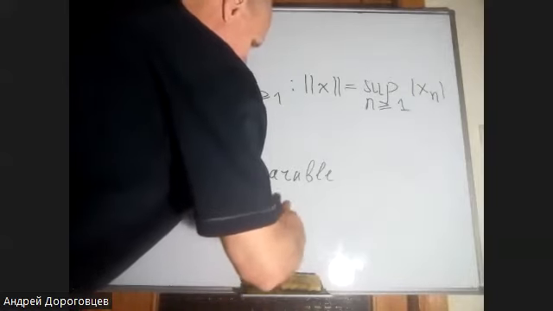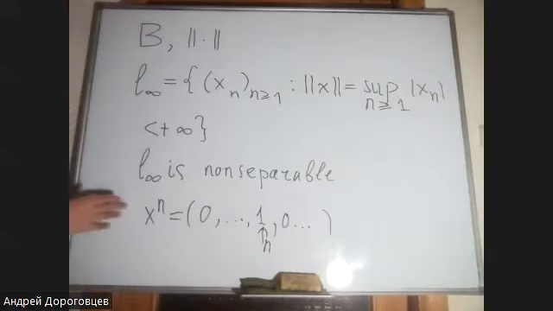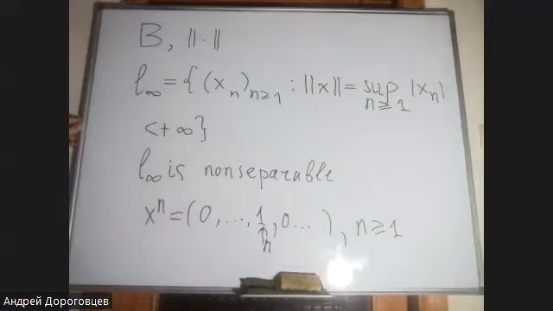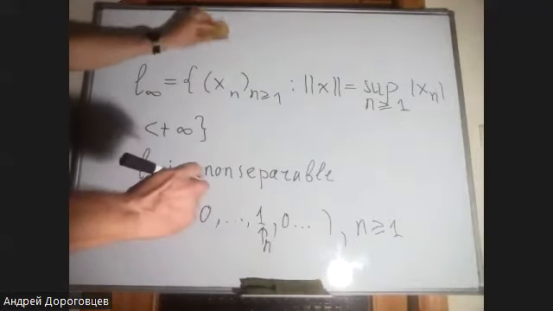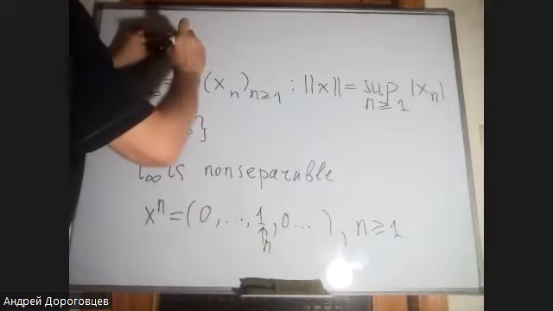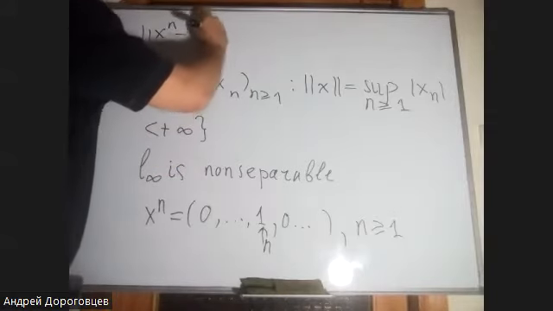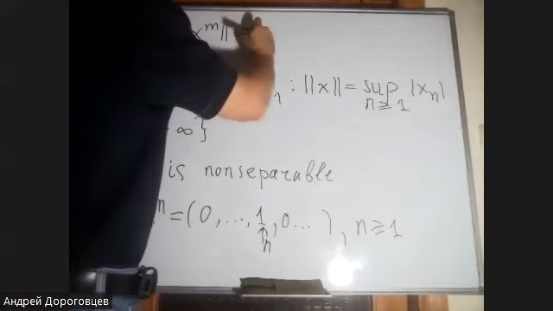Then we have an evident element of l infinity for every n, and it is trivial to see that the norm of x_n minus x_m is equal to 1.